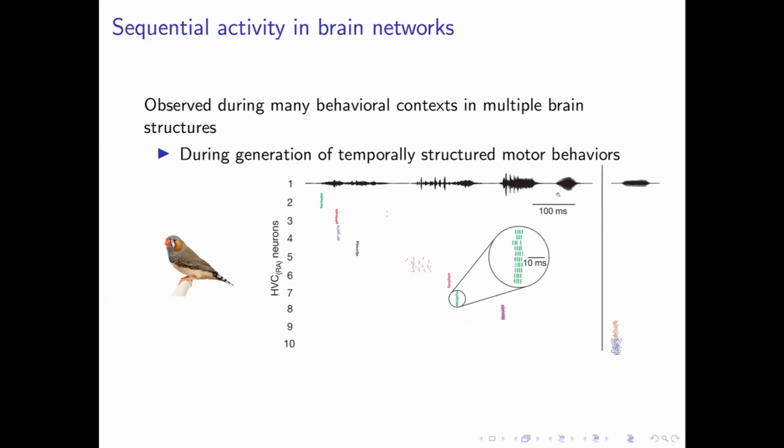A beautiful example that probably many of you know is a system in the bird, in zebra finches in particular, that is responsible for generating songs. When you record neurons in that structure, the area HVC, while the bird is singing, you see that different neurons fire at different times during the song. For instance, this neuron fires at the very beginning, and then this neuron a little bit later.